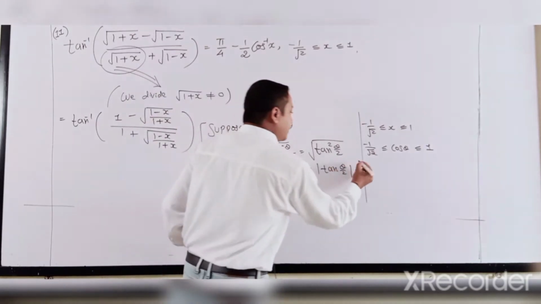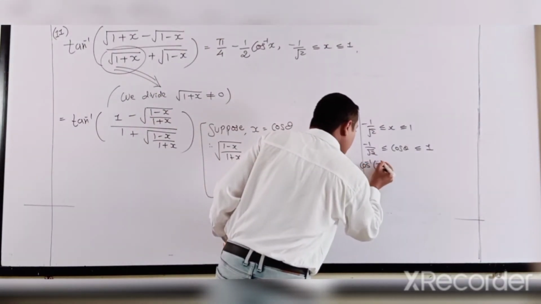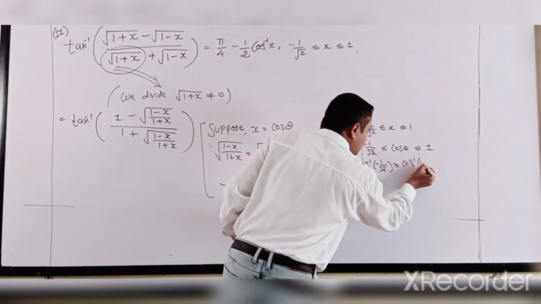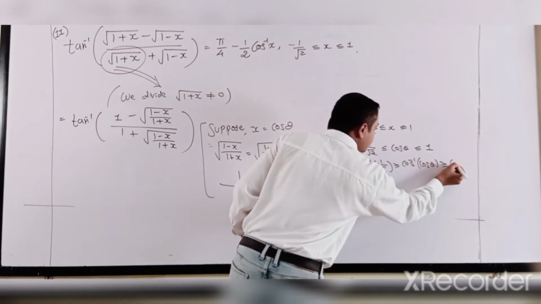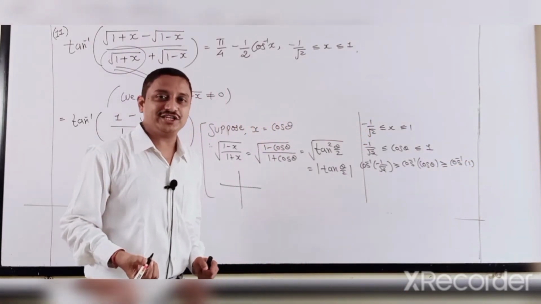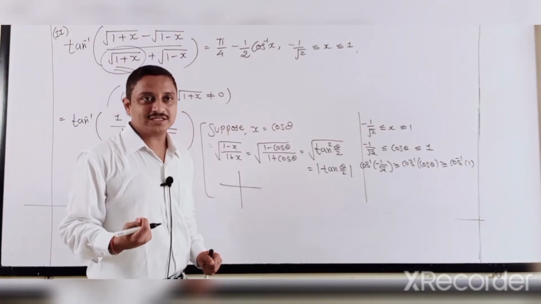So apply cos inverse here. The inequality changes, students, because cos is a decreasing function. Yes, the inequality changes. Cos is decreasing.